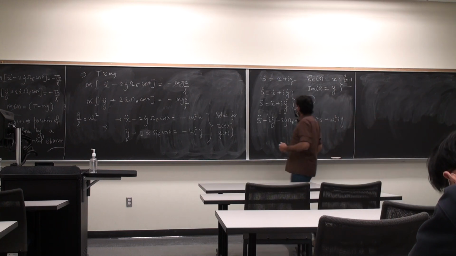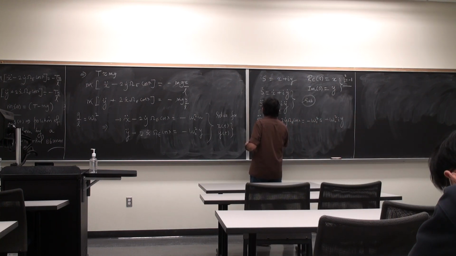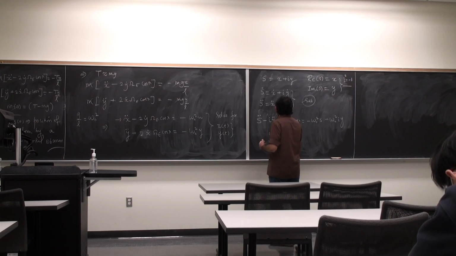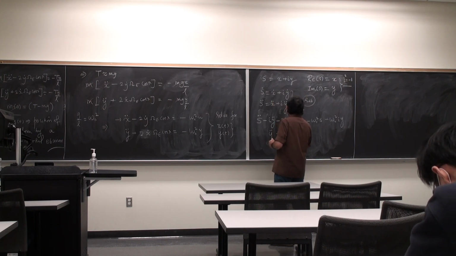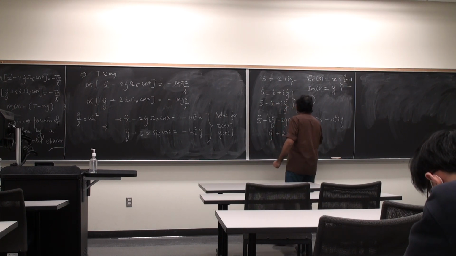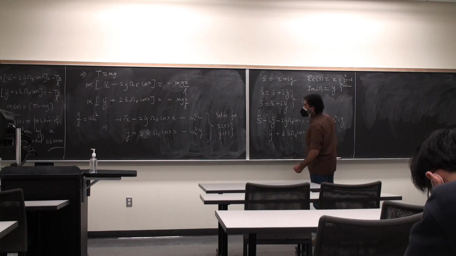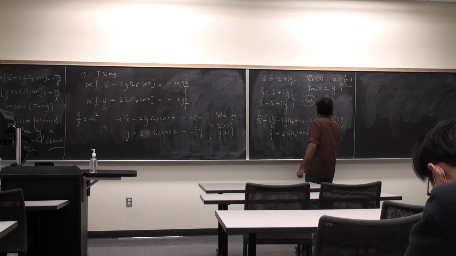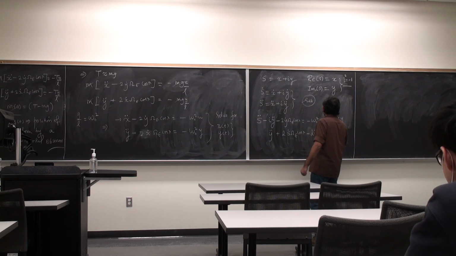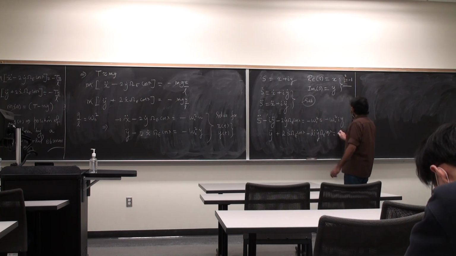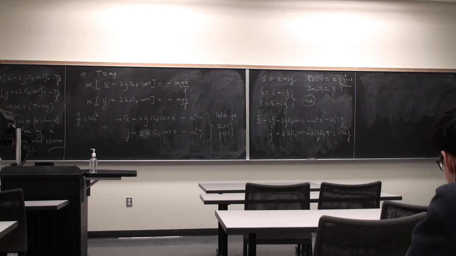Likewise, y double dot plus 2 times s dot omega e cosine lambda plus minus 2i y dot omega e cosine lambda is minus omega naught square y. Okay, so these are the two equations that I have.